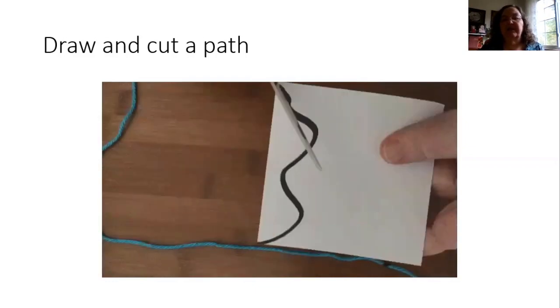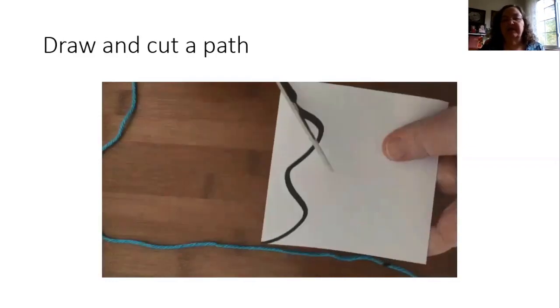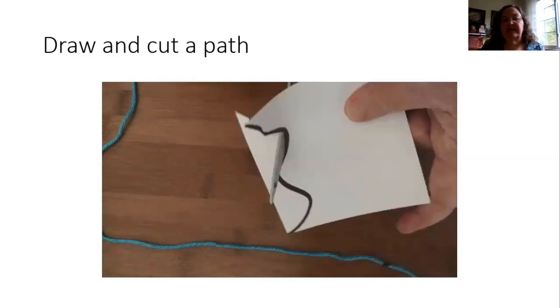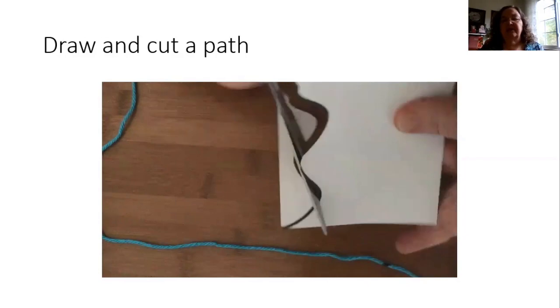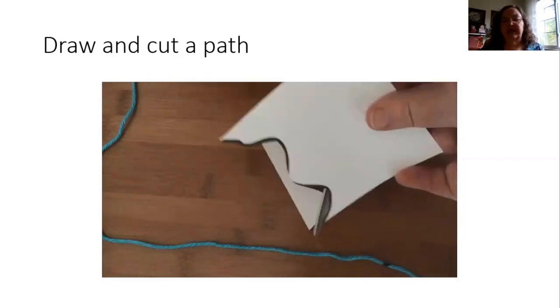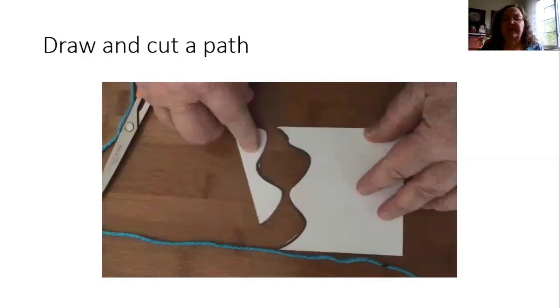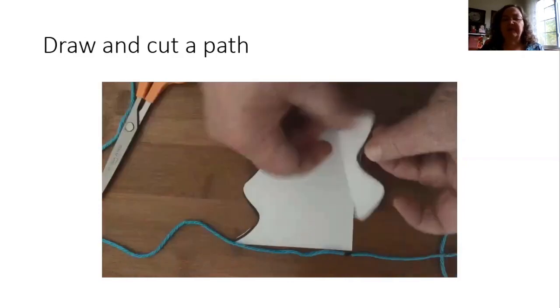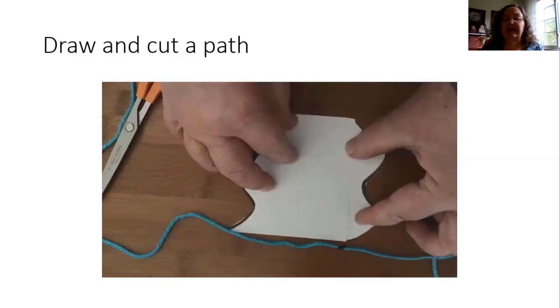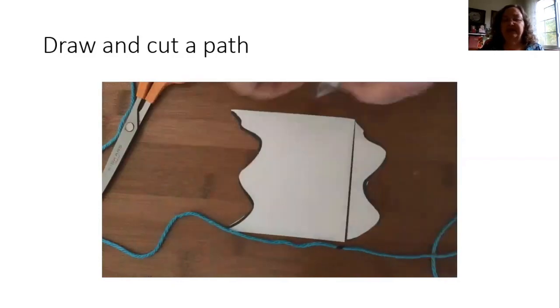So here I go cutting on my lines. And you can cut your lines out too. Okay, so now I've got those two, but now I'm going to slide that one piece of paper over to the other side, and then I'm going to tape it together.